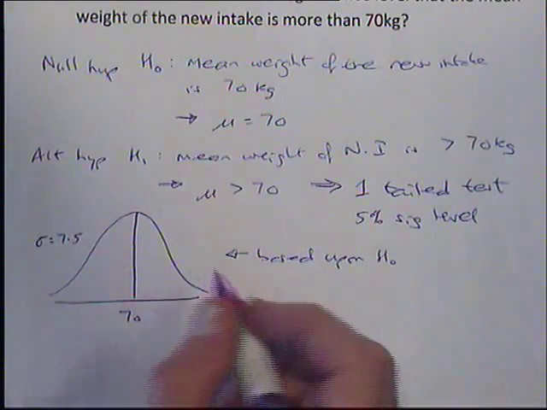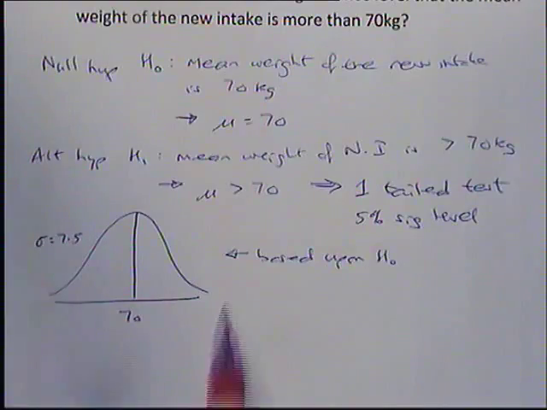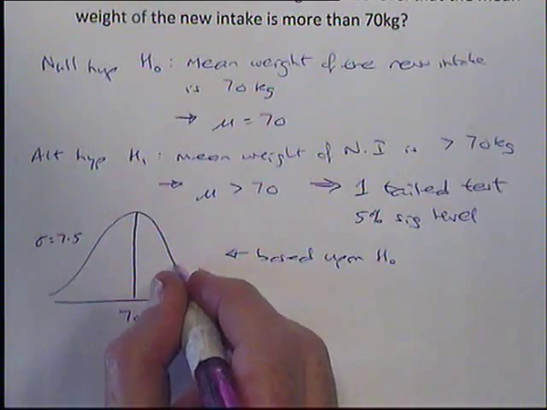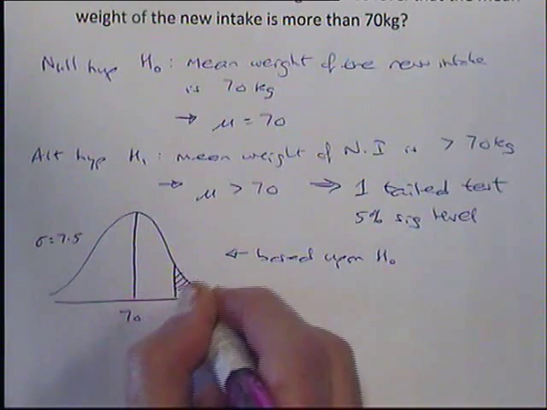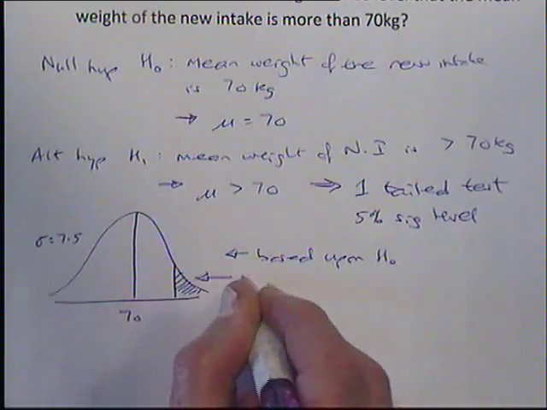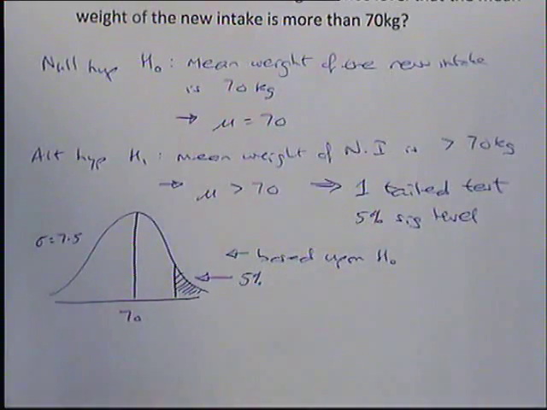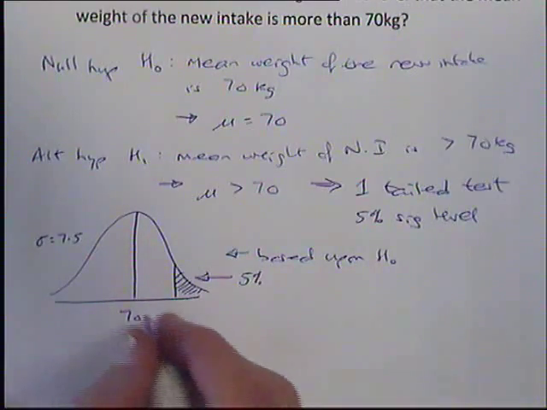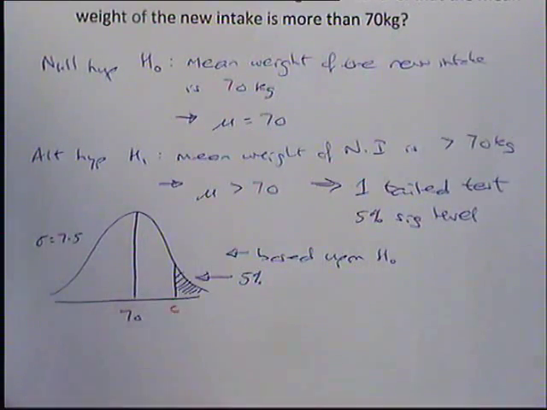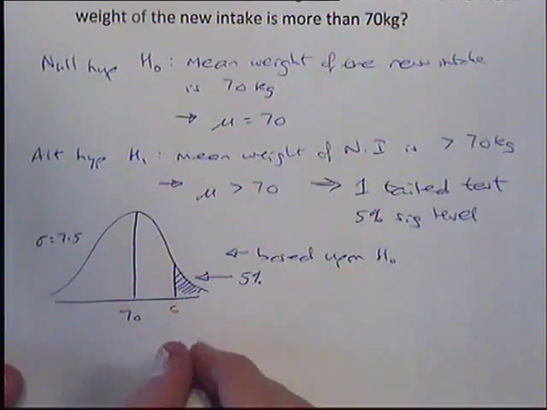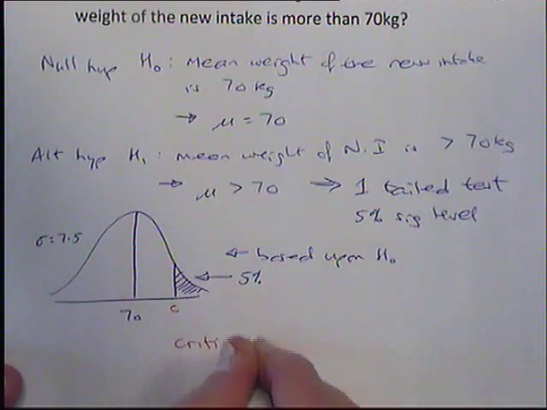Now what we are going to be interested in here, for a 5% test in a greater than, we want to look at this area over here, where the area in that shaded bit is 5%. And we are going to work out a value here, which we will call C, C being the critical value.